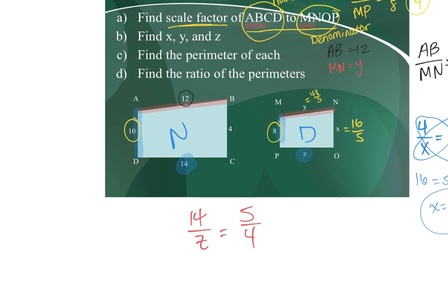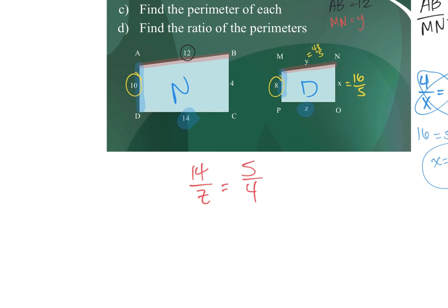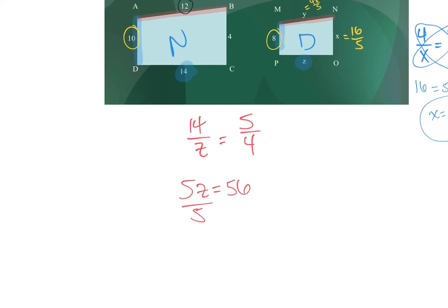Because remember, the entire figures are proportional. Cross multiply and divide. So you're going to get 5Z equals 56. Divide by 5, divide by 5. And you're going to get Z equals 56 over 5.